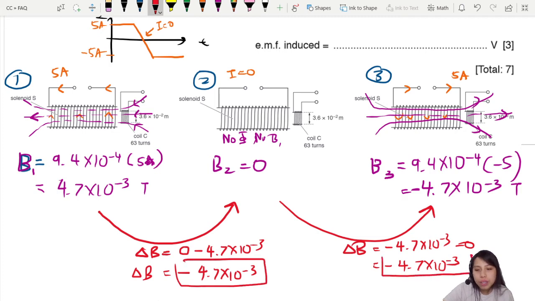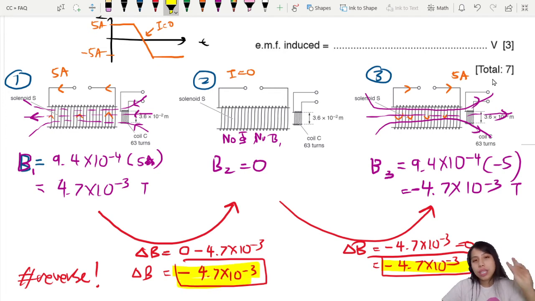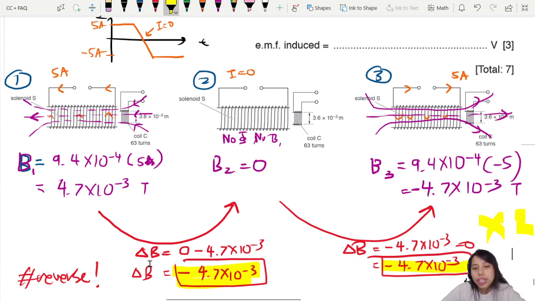Remember, if you are talking about reversing the flux, there are actually two times the 4.7 happening here: from forward to no flux, and no flux to backward flux. This change is 4.7, and the other change here is also 4.7. So it's a times 2. I write up here times 2. That is our total change in B.